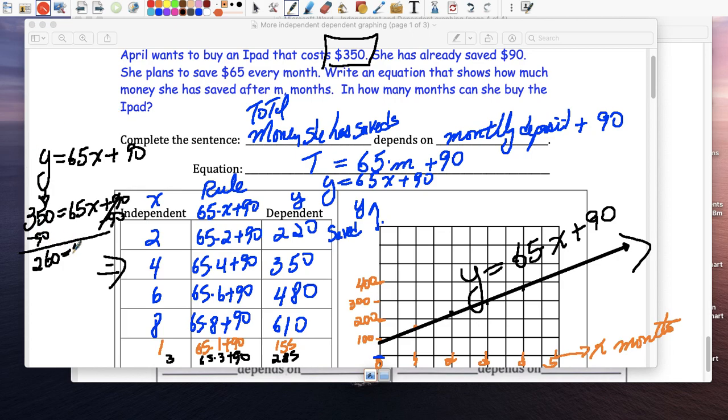And then 260 equals 65x, and divide both sides by 65. And we get that x equals 4, which we already knew anyway. So you could have used that. Yeah, that's it.